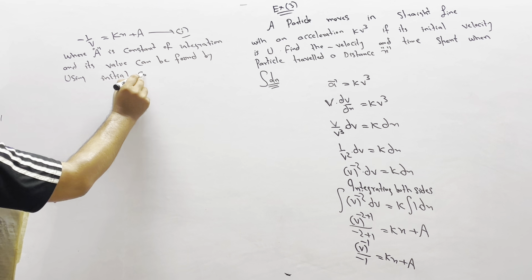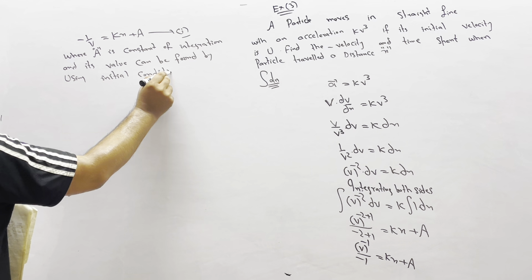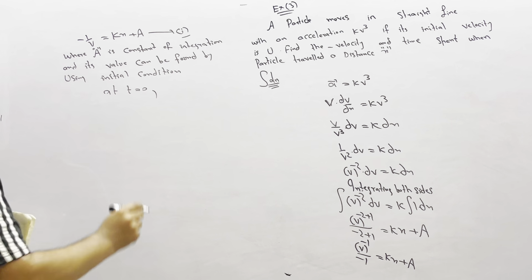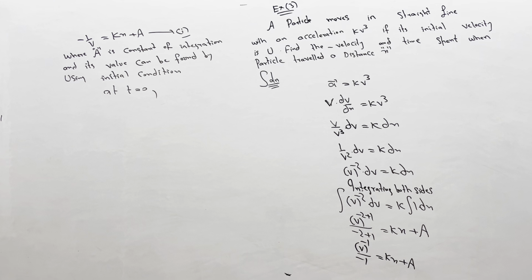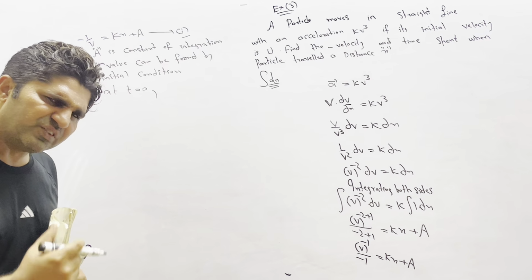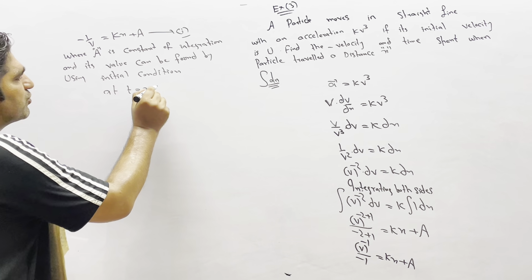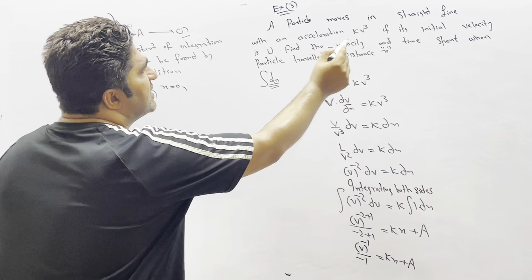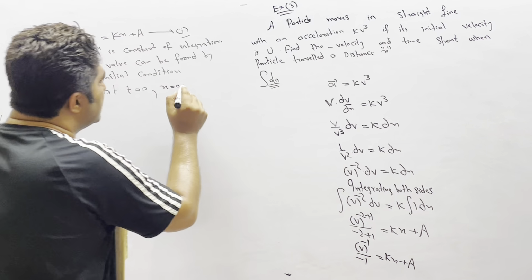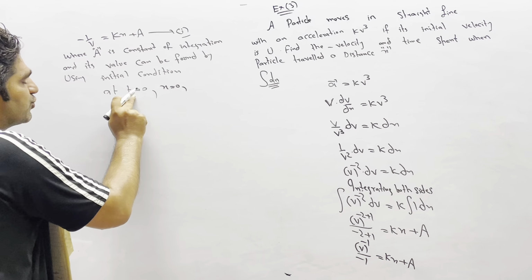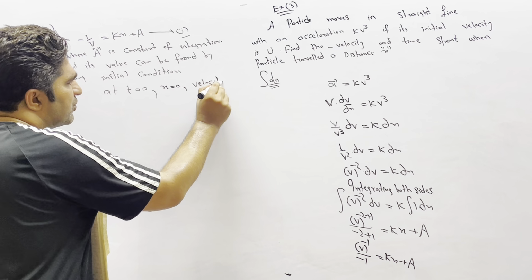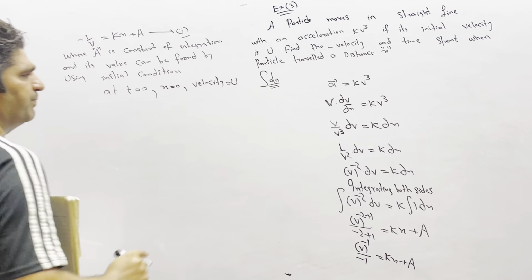What are the initial conditions? At t equal to 0, and you know when motion starts, its distance will be 0. So at t equal to 0, x will be 0. And its initial velocity is u, because it's given in the question that its velocity is u.